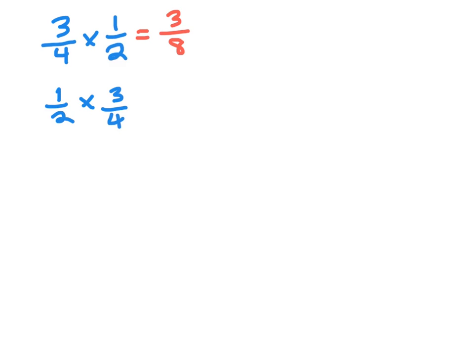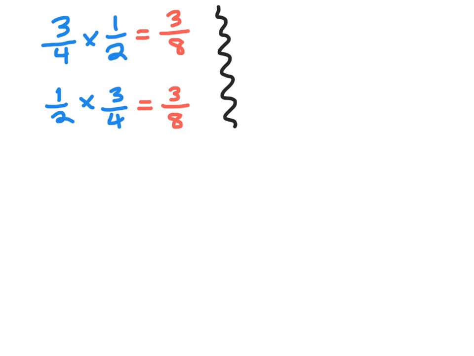So let's go ahead and try this problem. I know the other problems were a lot easier because they were simple, but the reason why I want to show you the fact family is because I want to work with fractions. So let's say 3/4 times 1/2 will get me the product of 3/8. I can also say 1/2 times 3/4 is still equal to 3/8.